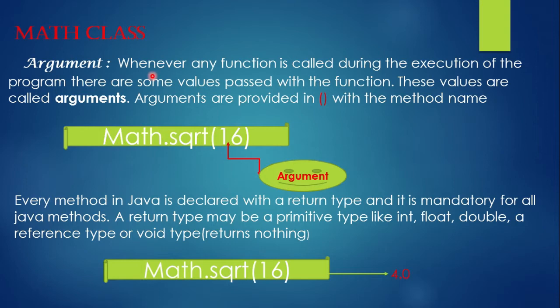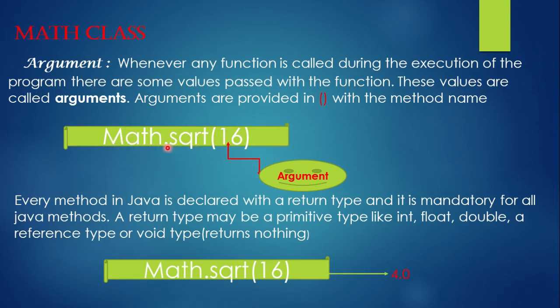See, argument. First we will see the definition. Whenever any function is called during the execution of the program, some values are passed with the function. Means for the working of the function, it needs certain values. Values need to be supplied by the user. Those values are called arguments.